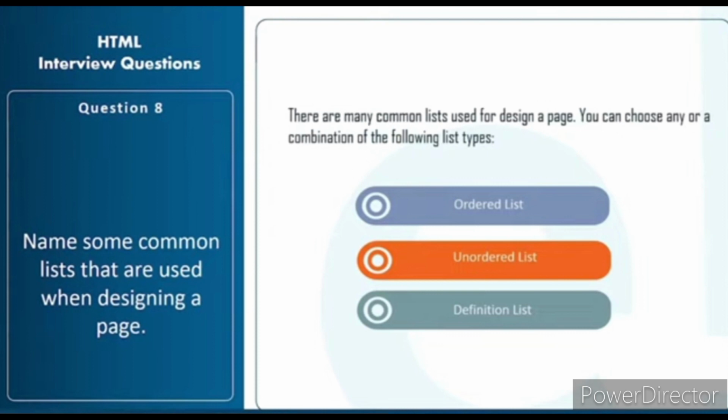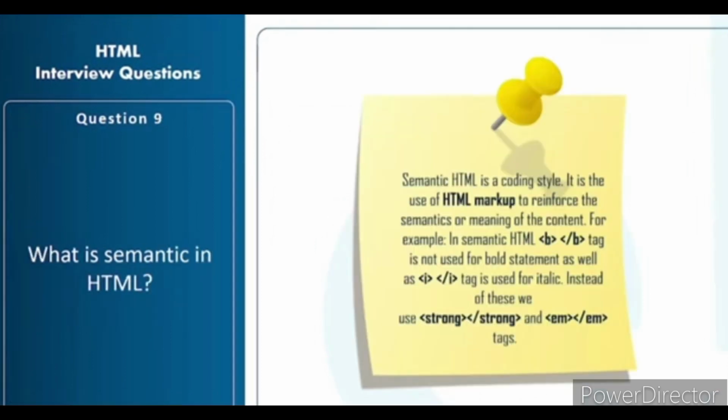And the next question is, what is semantic in HTML? Semantic HTML is a coding style. It is the use of HTML markup to reinforce the semantics or meaning of the content.